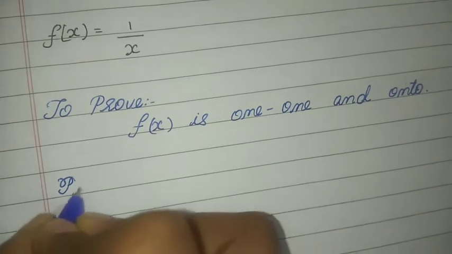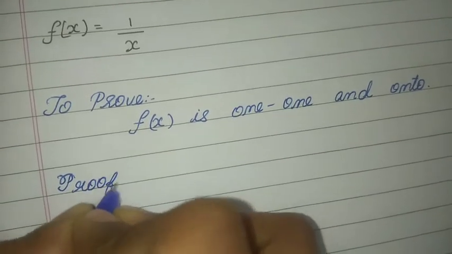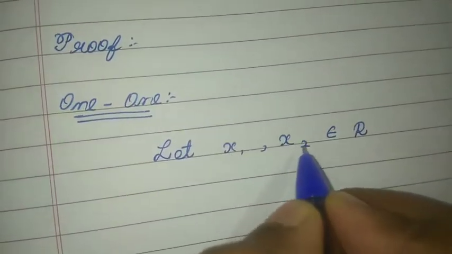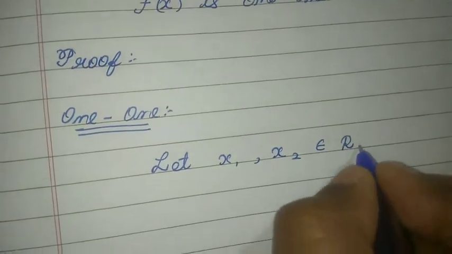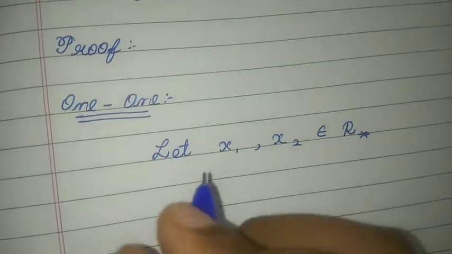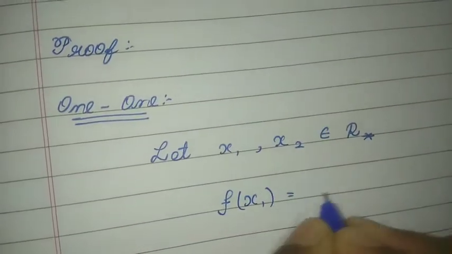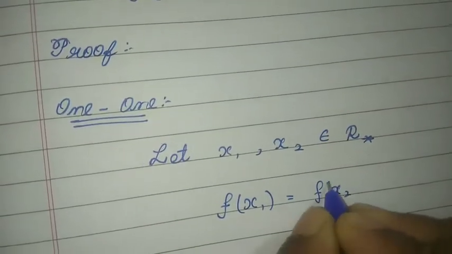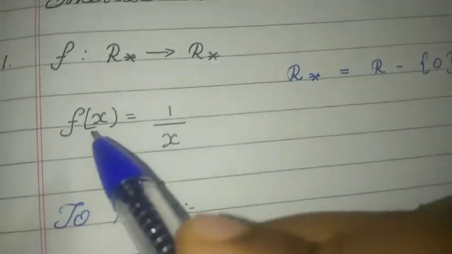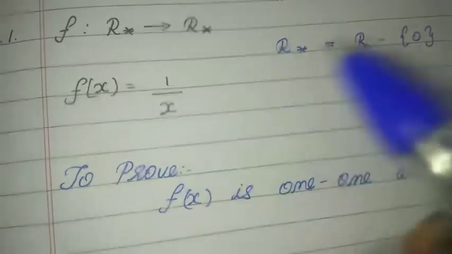See the proof part. Let x1 and x2 belong to R star. Next step, I'm writing f of x1 is equal to f of x2. What is the given f of x here? 1 by x, isn't it?